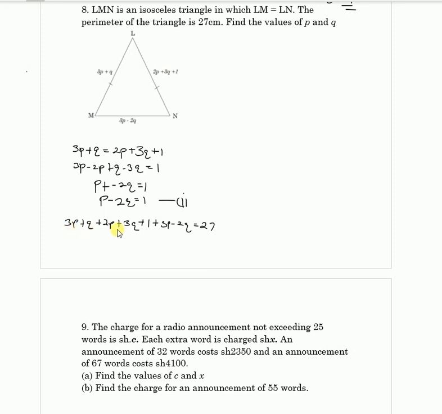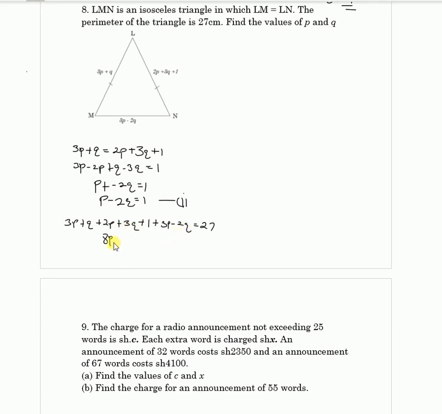When you add all the P's, we have 3P plus 2P, that is 5P. Then plus another 3P, that is 8P. So we have 8P. Now the Q's, this one is Q plus 3Q, that is 4Q.